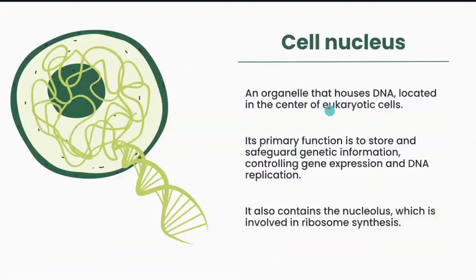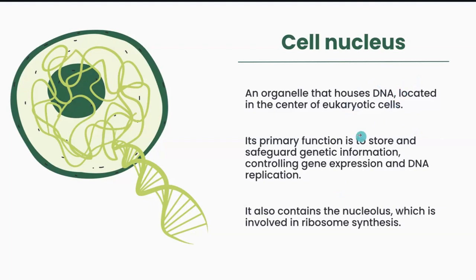So the first is the cell nucleus. We talked about nuclei a bit more whenever I was talking about matter, and also whenever I was discussing physics. But the nucleus houses the DNA, which is the genetic coding of the organism. Nuclei, which is just the plural of nucleus, are located in the center of eukaryotic cells.